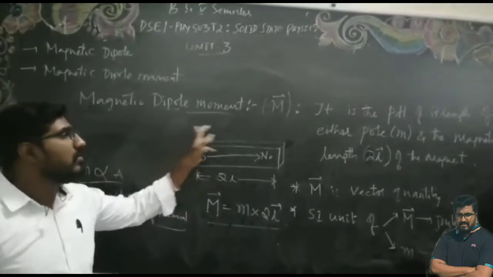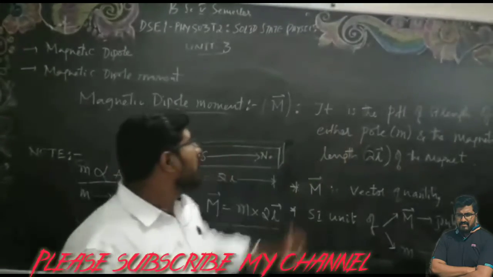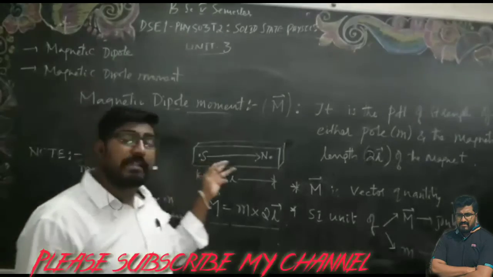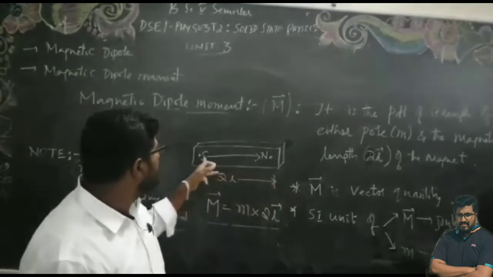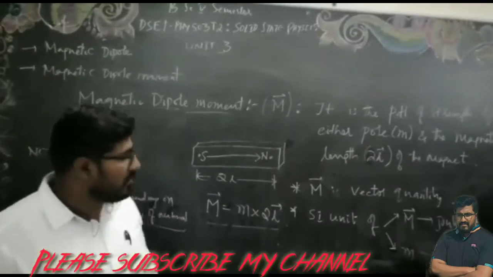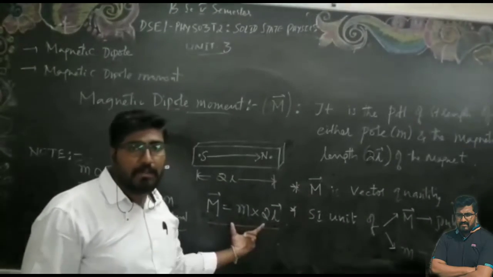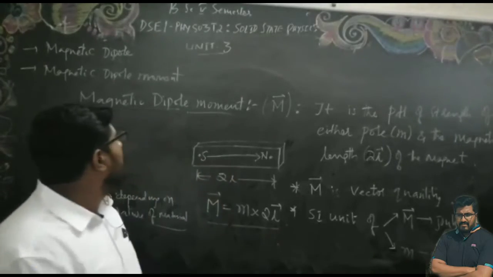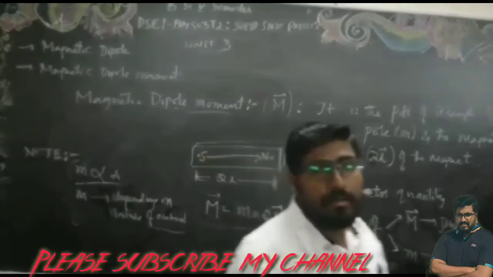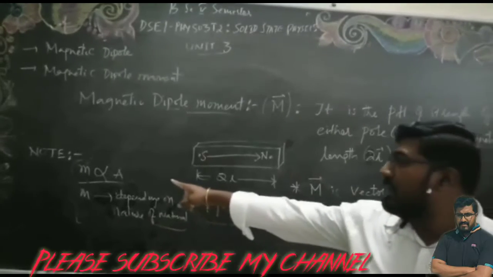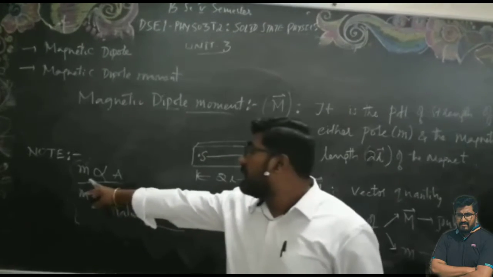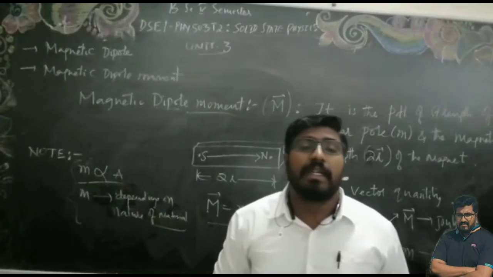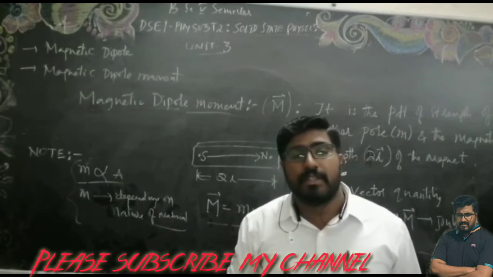These are the definitions of the magnetic dipole moment, and it is directed from south to north. So this is all about the magnetic dipole moment. Note that the magnetic pole strength depends upon the cross-sectional area of the material as well as the nature of the material.